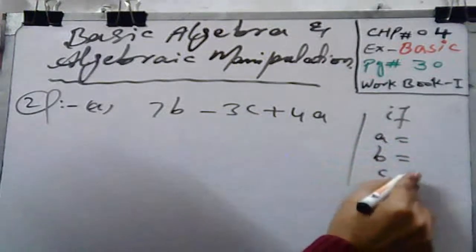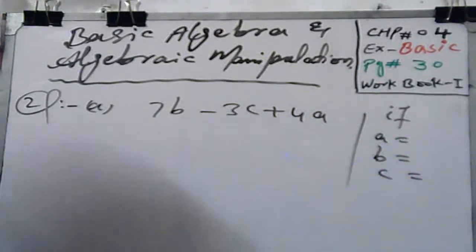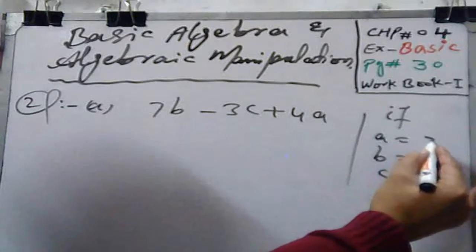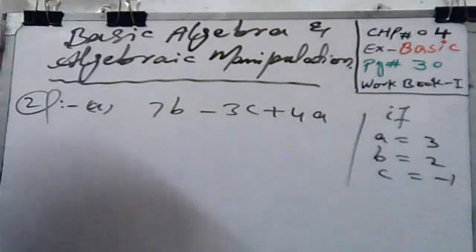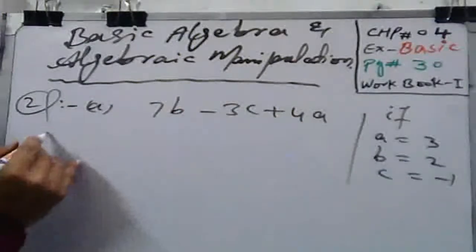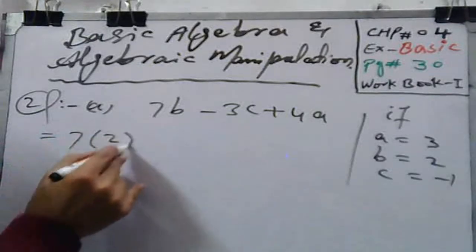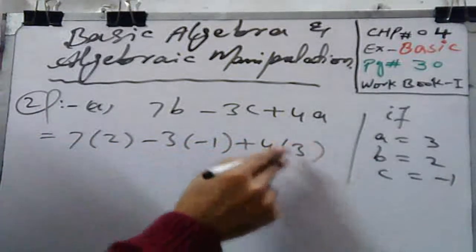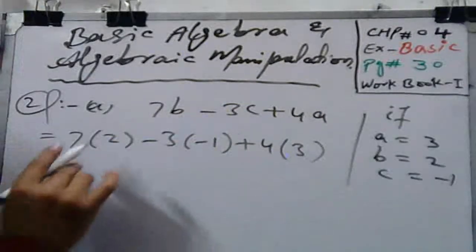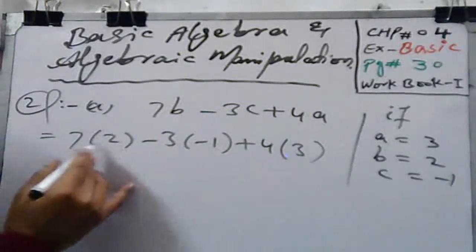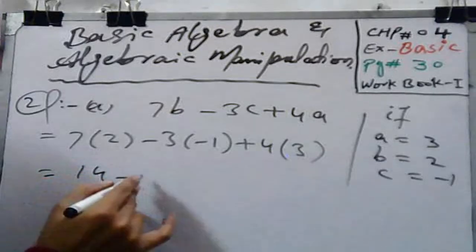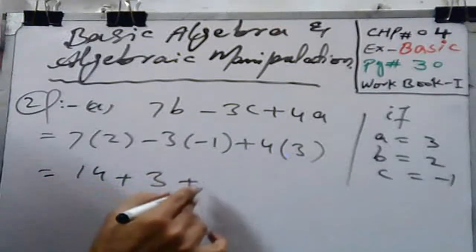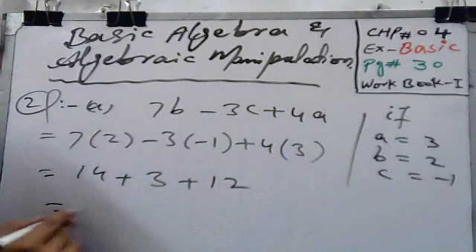Putting the values to evaluate it, 7 into 2 is 14, plus 3 into 1 is 3, plus 4 into 3 is 12. Adding, that is 29. So that is the result.